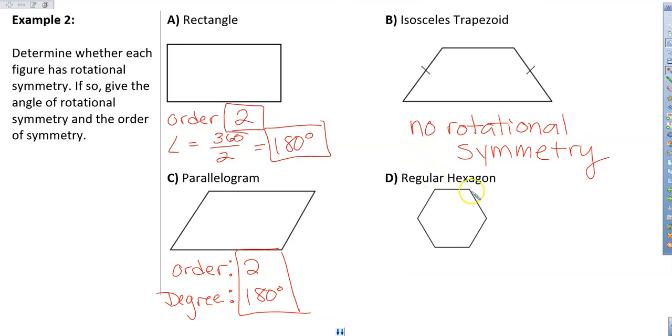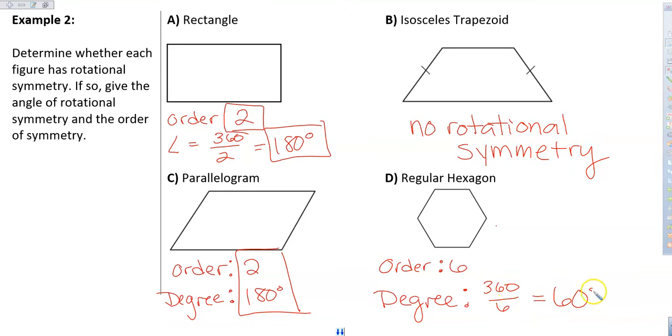My order is, again, the number of times it's going to take me from picking one point to coming all the way back around that point. So 1, 2, 3, 4, 5, 6. So my order is 6, which makes my degree of rotation 360 divided by 6, which is 60 degrees.